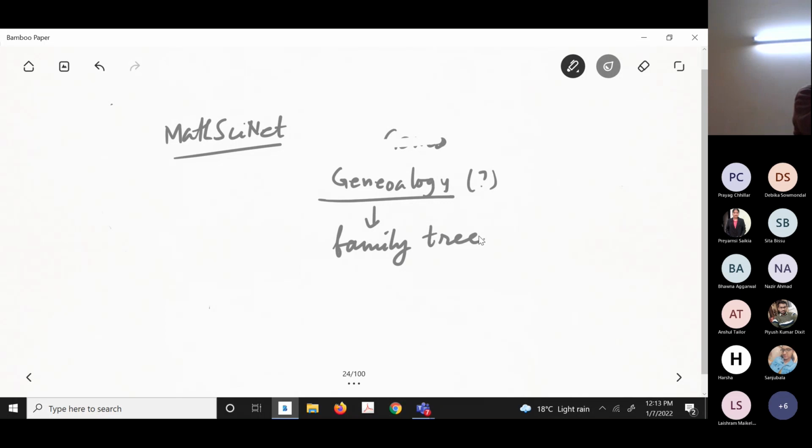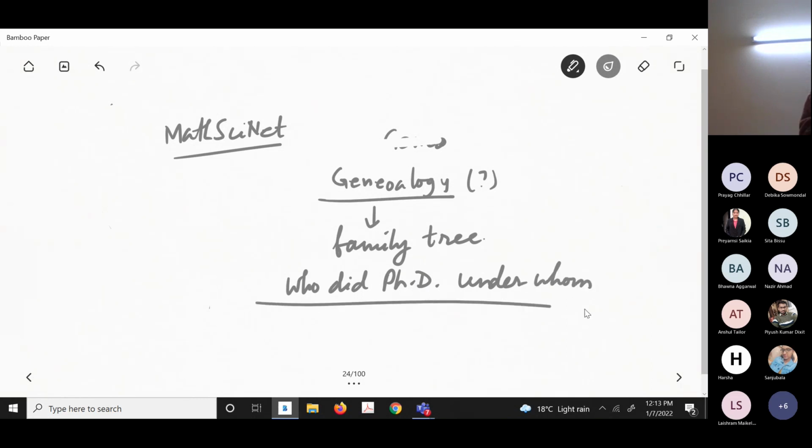Family tree means here who did PhD under whom, in mathematics and in which university. So that way you can figure out under whom Sorgenfrey did PhD.